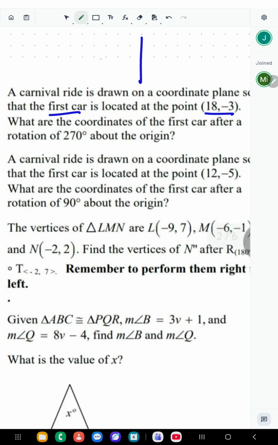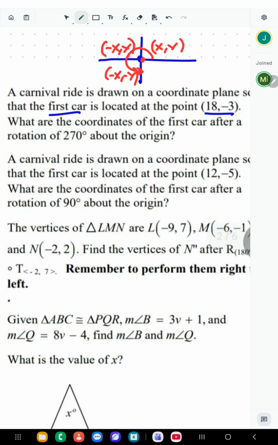So this is the origin, right? The coordinate plane, this is the origin, this is 90, this is 180, this is 270. So what will happen to x here? Here the values of x and y are positive. Here the value of x is negative, positive y. Here it's negative x and negative y.